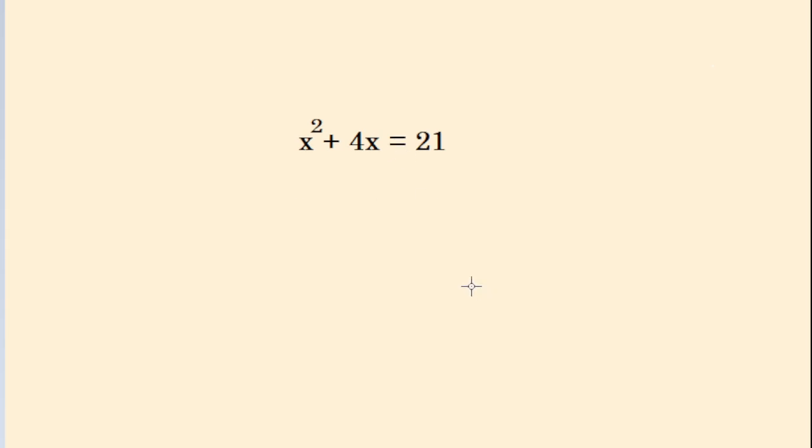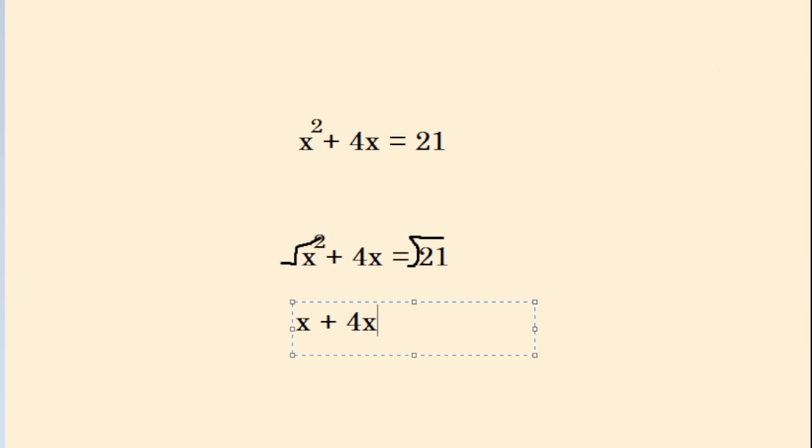So, you may be tempted to do something like this. You have this, and you think, oh, I'm just square rooting this, square rooting that. So I have x plus 4x, combine these two together, it becomes 5x.